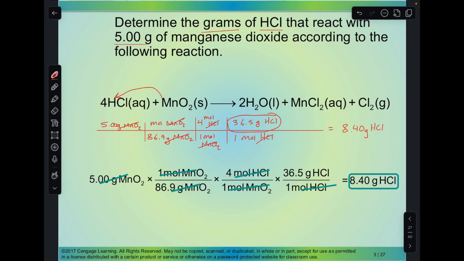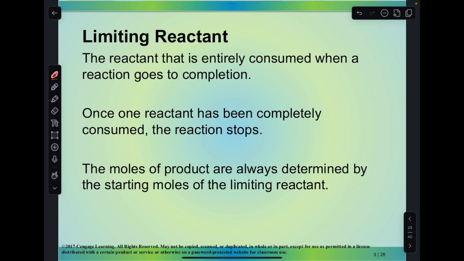And so this is how much HCl is required. The amount required to react with 5 grams of MnO2. There you go.